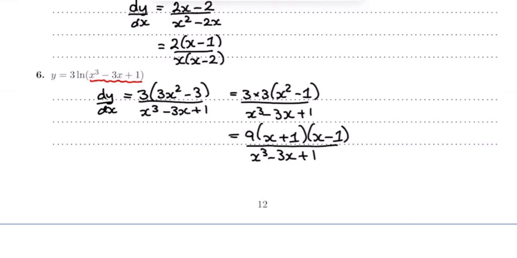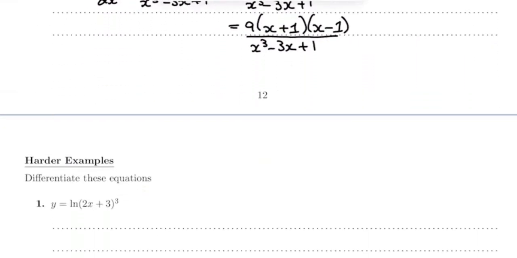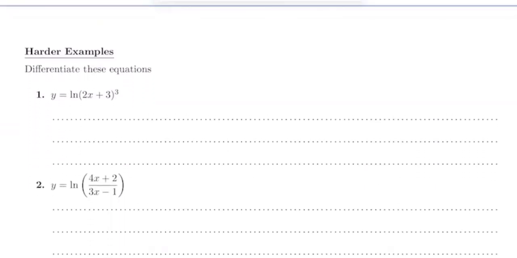Now, the last thing you need to be able to do is use your log rules to simplify some of the more difficult ones. Okay, so let's just have a quick look at some of these. So the first one, remember, we're going to use our power rule. So we're going to bring the power to the front, and then follow the same pattern as we did before.